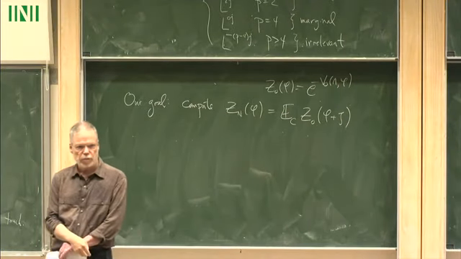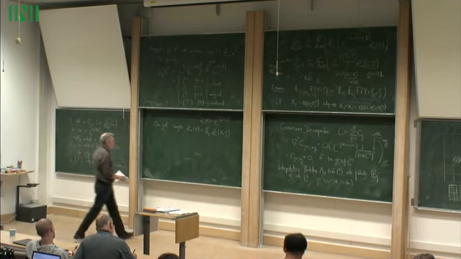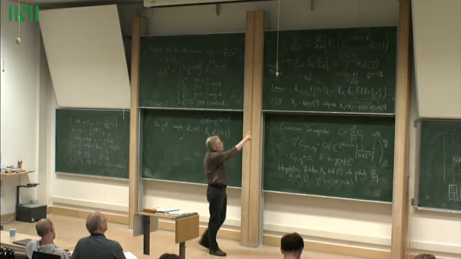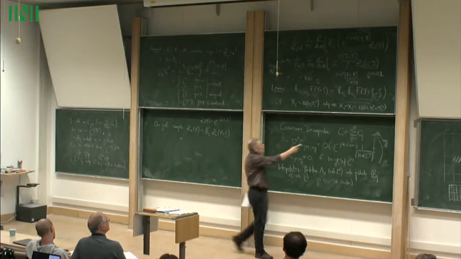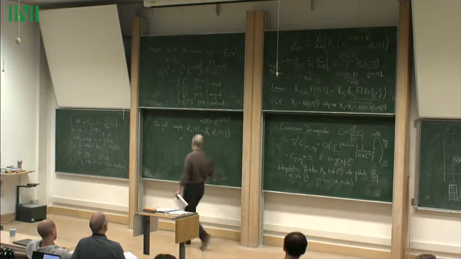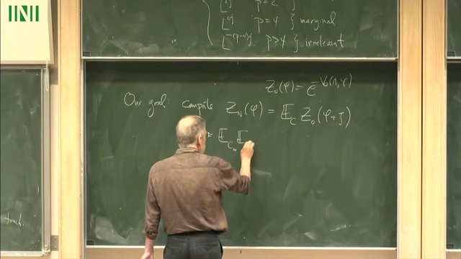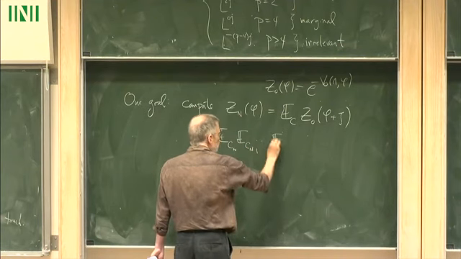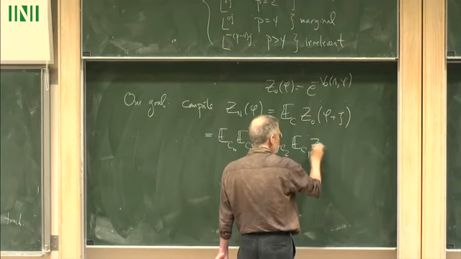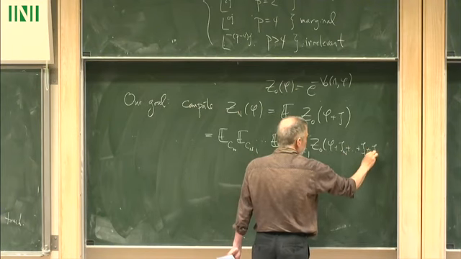It has the phi to the fourth term in it and the phi squared term. The way we're going to compute it is using this lemma here. As I said, we take the covariance and divide it up into a big sum of n terms. We apply the version of the lemma that has n terms in the sum rather than 2. And so we can compute this as E_{C_n}, E_{C_{n-1}}, ..., E_{C_2}, E_{C_1} of Z_0 of phi plus zeta_n plus ... plus zeta_2 plus zeta_1.